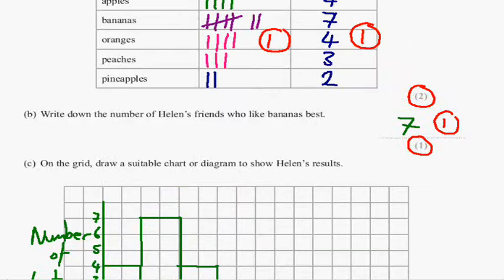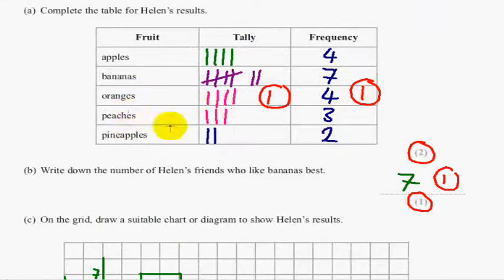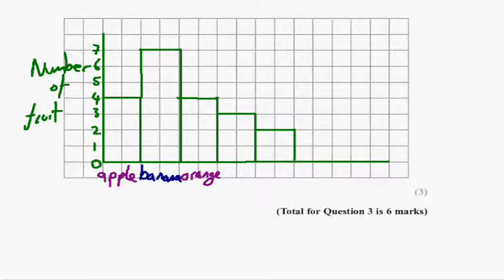The third bar was oranges. Then peaches and pineapple. Peaches. And the last one was pineapple. Hope you can see that.